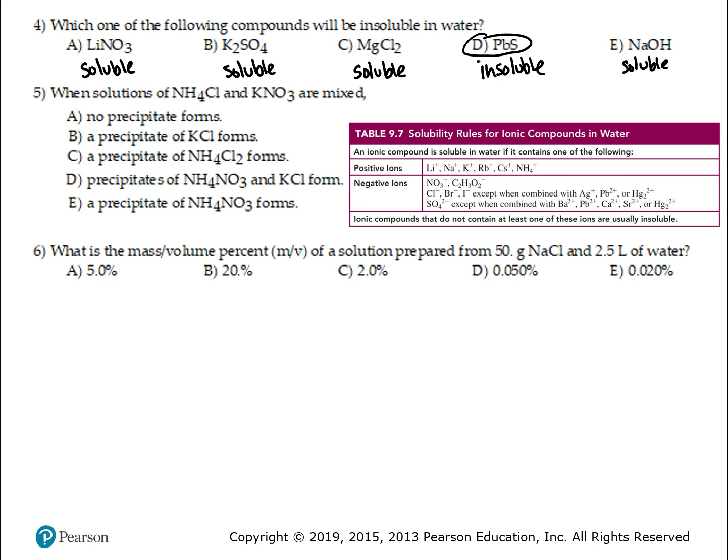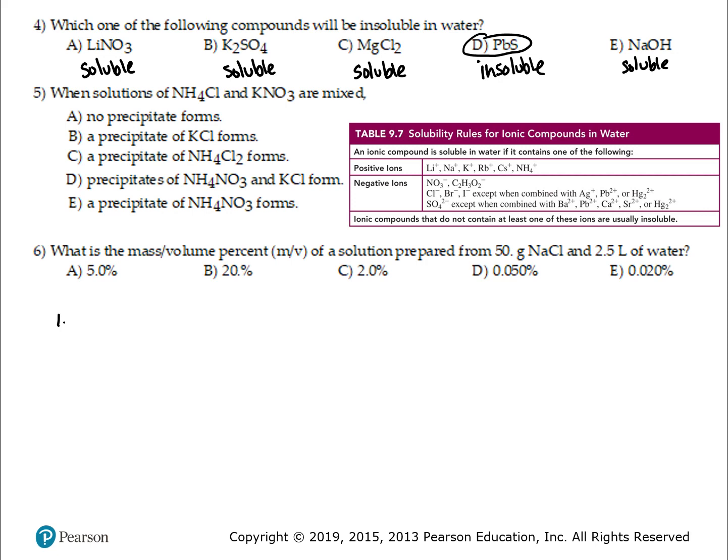Number 5 is a similar question, only here we're looking at a double replacement reaction. When you mix ammonium chloride and potassium nitrate, what do you get? So in order for a precipitate to form, you need to form a solid, something that is not soluble.